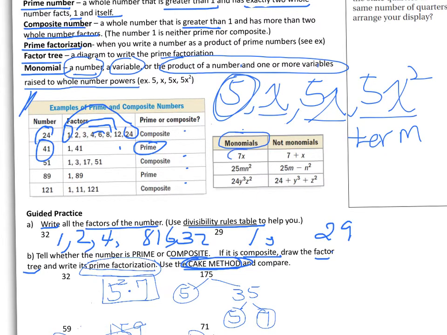So 7x, 25mn squared, 24y squared z squared, y cubed z squared are all monomials. And to your right-hand side, these are not monomials because they have more than one term: 25m minus n squared, 24 plus y cubed plus z squared, etc. Okay, let's move down.